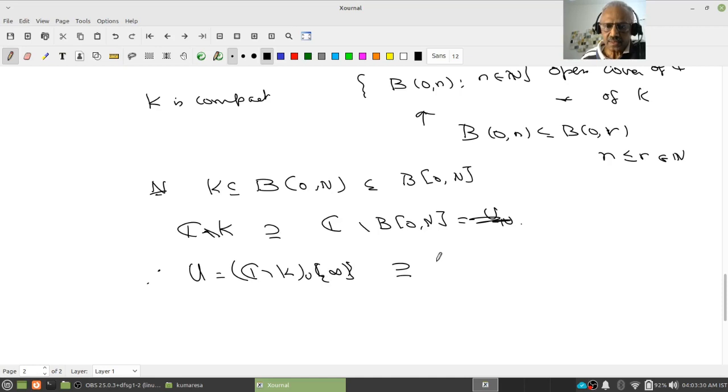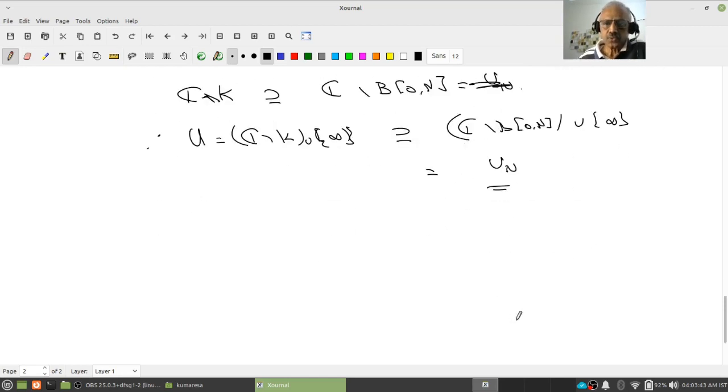Therefore, this contains C minus B of 0n union singleton infinity, which is Un. So this collection Un is a local basis.